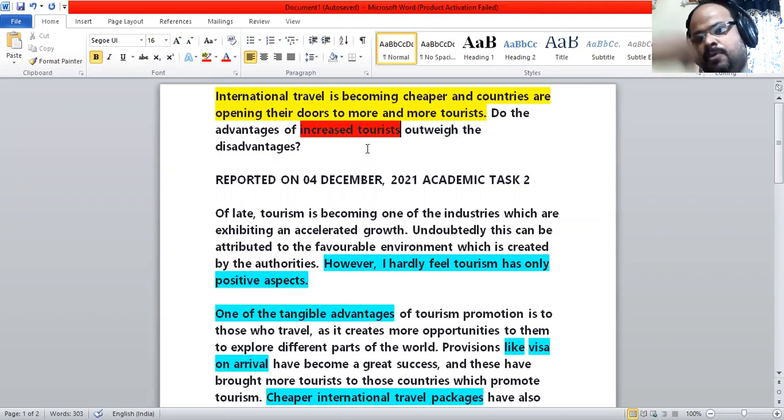If there are more tourists, what will happen? If there are fewer tourists, what will happen? Something related to more or less there. It's not actually dealing with tourism. It's dealing with the increasing number of tourists. When more and more tourists are coming, what happens? Is it advantages or disadvantages? So that's the question that we are going to see here.